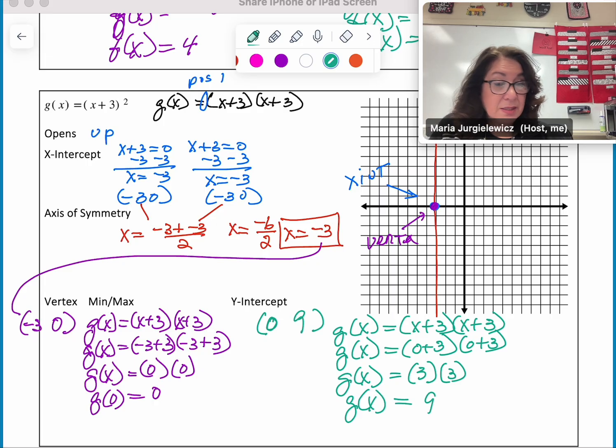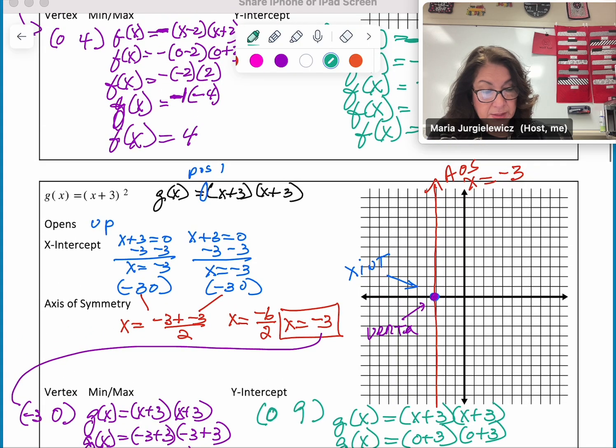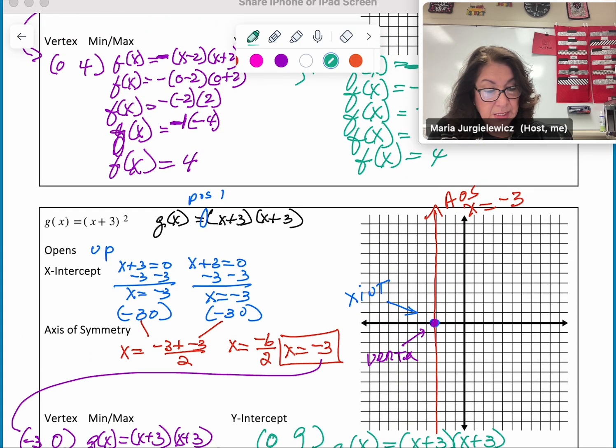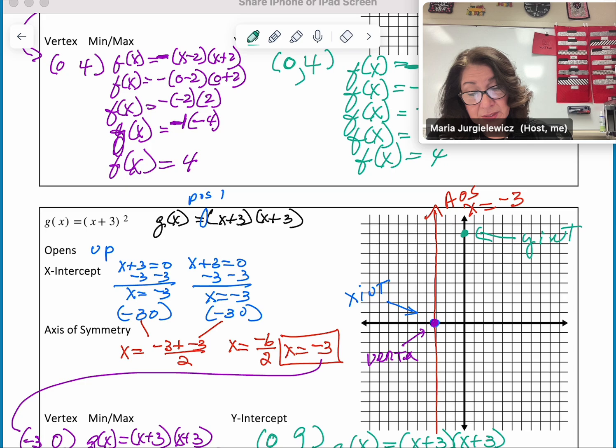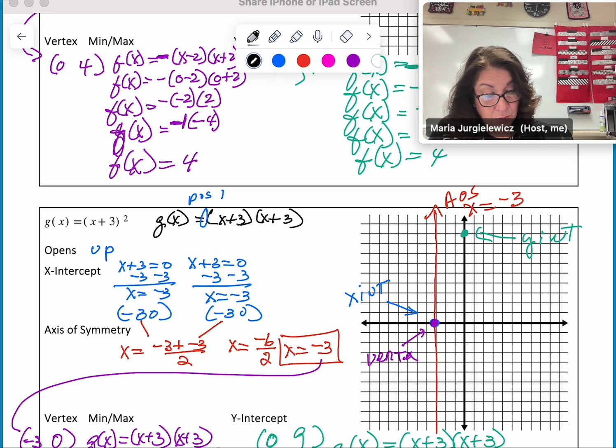So then that is going to cross up here at (0, 9). That is my y-intercept. And now when I go to graph this, this one really doesn't have a lot of points. I know it's going to do this, and it's going to be the same thing on the other side. And sometimes that happens where that x-intercept is the vertex, because it's only touching that x-axis at one point.